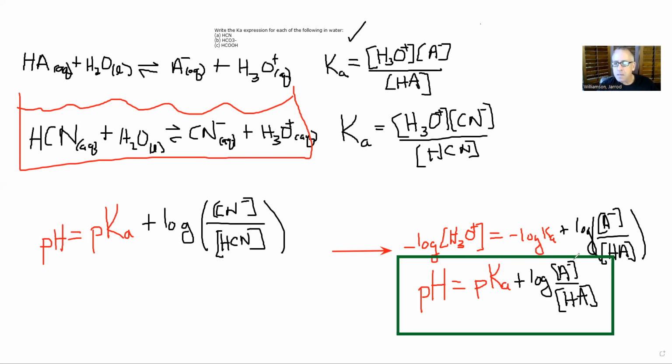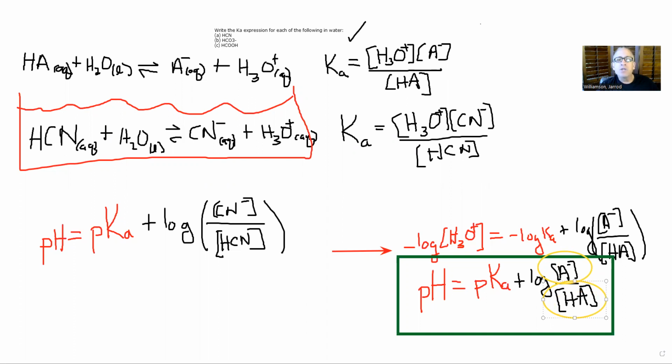Let's do this. Be patient with me, guys. I'm taking time and effort to try and teach you guys this stuff. So this is the conjugate base. That's the conjugate acid.